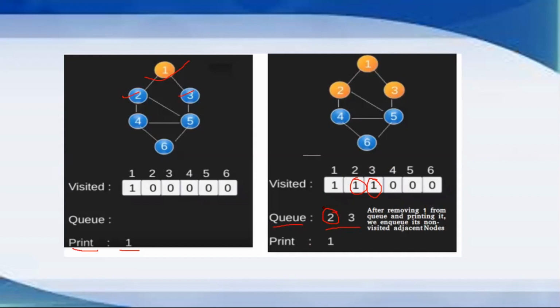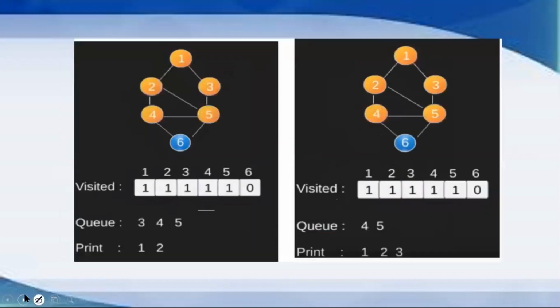So 2 is removed from the queue, and then it is printed in the output, right? Now, when 2 is removed, we will move on to its non-visited adjacent nodes. Now, 2's non-visited adjacent nodes are 4 and 5. So the color of 4 and 5 will be changed, right? You can see.